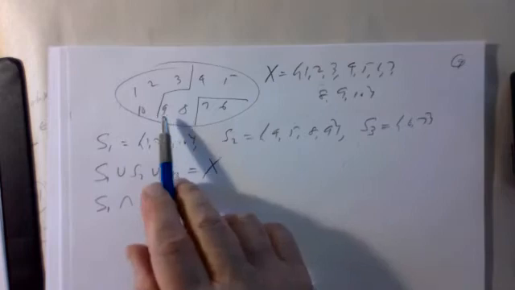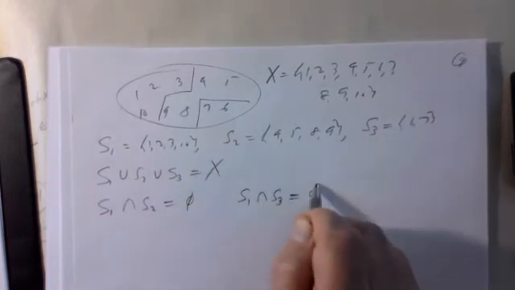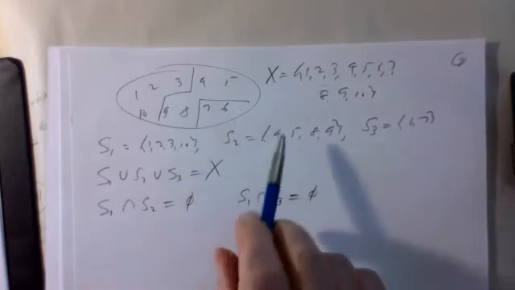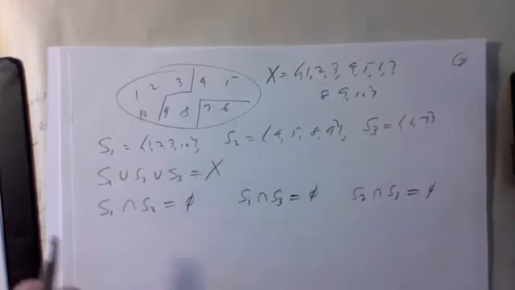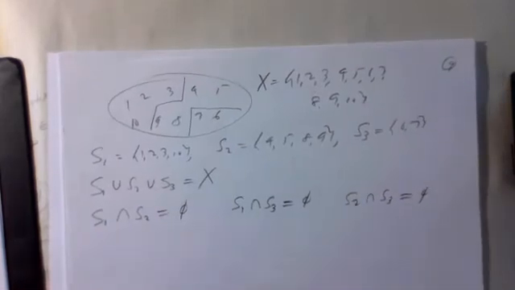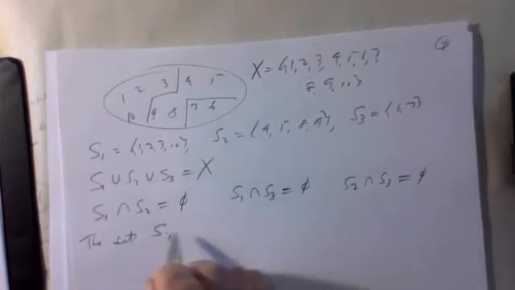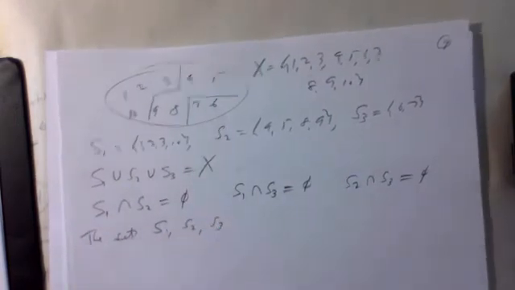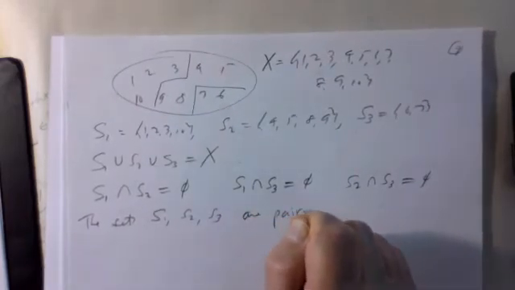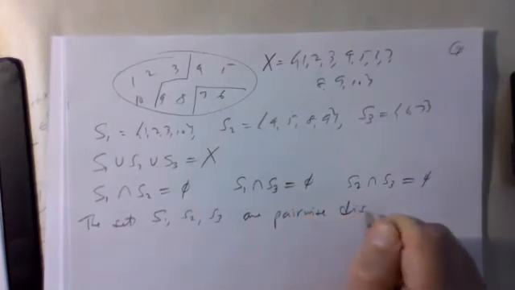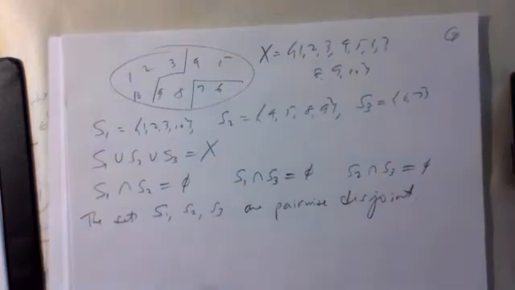If you look at S1 intersect S3, that's empty. If you look at S2 intersect S3, that's empty. So the three sets, S1, S2, S3, are pairwise disjoint.